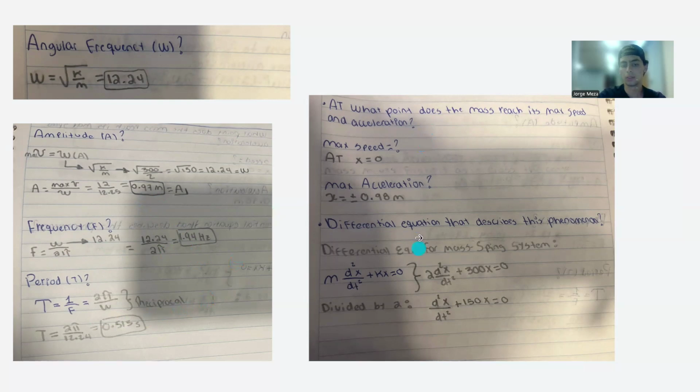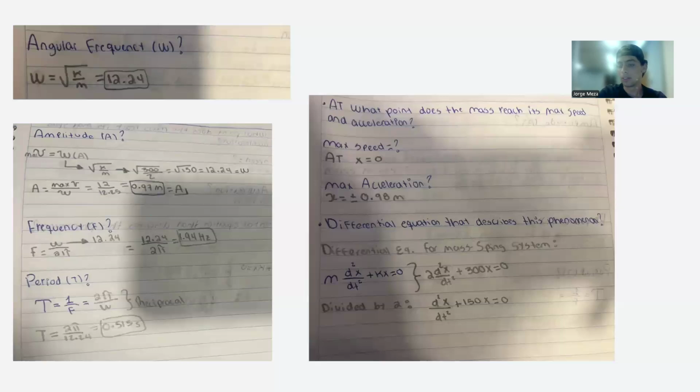Now we have these two following questions. Regarding those questions, the maximum speed was when x equals 0, and the maximum acceleration was with a result of plus and minus 0.98.